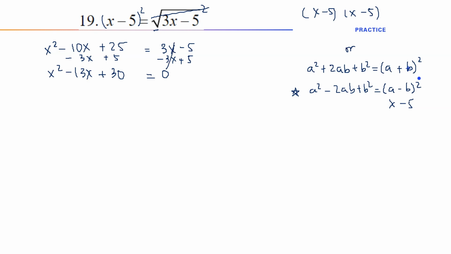On the right hand side, that cancels, making it 0. Now factor: two numbers multiply equal 30 and add up to -13. So -3 and -10. Perfect. Equal 0. x equals 10 or x equals 3.